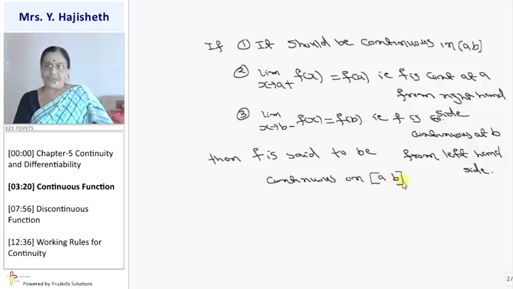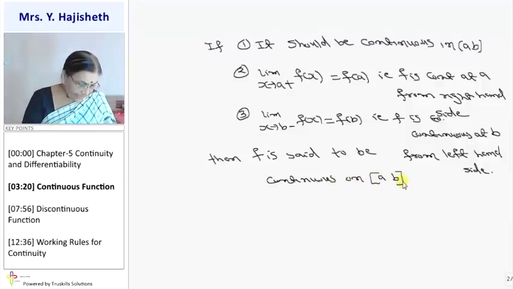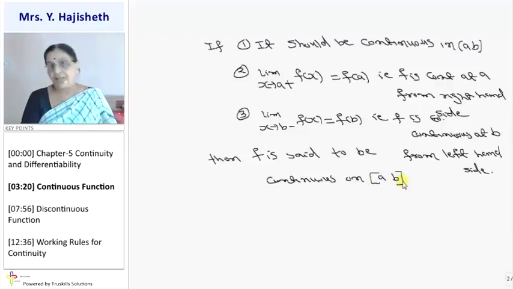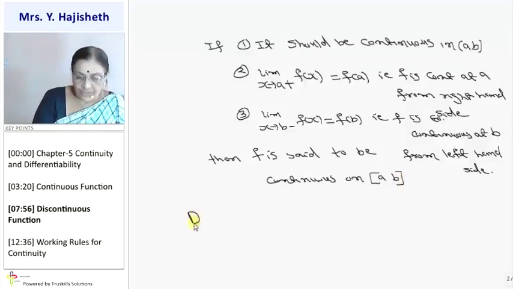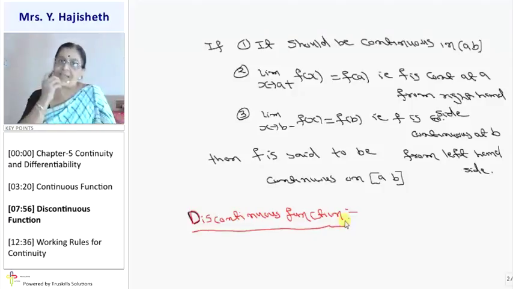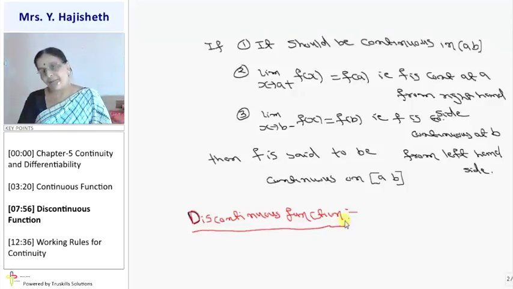So we define continuity at a point, we define continuity in an open interval, and we define continuity in a closed interval. Now, under what condition is f discontinuous? What do we call a discontinuous function? Geometrically I can say that a function is said to be discontinuous at c belongs to the open interval (a, b) if the graph at x = c is broken.